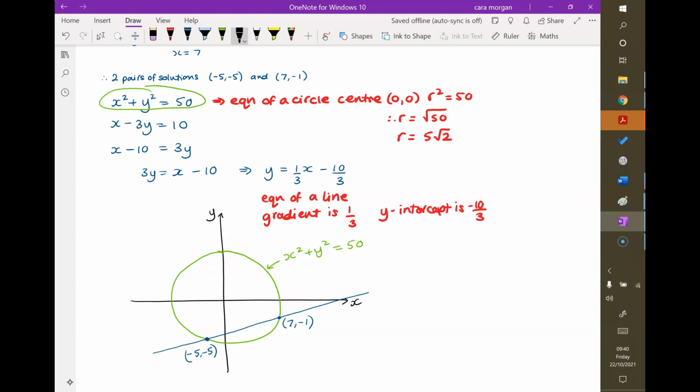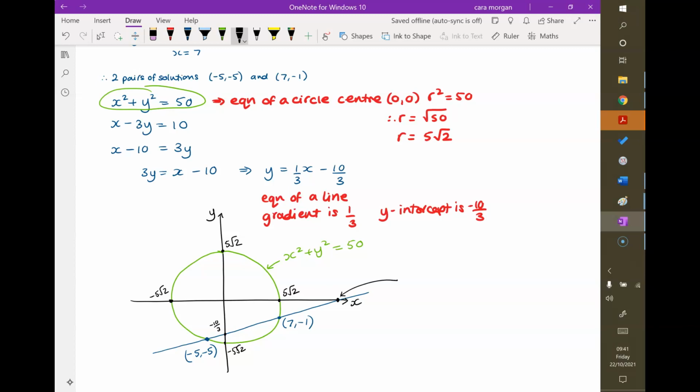Maybe if you wanted to be extremely rigorous, you could label the points of intersection with the x-axis, which would be 5√2 and -5√2. And you could also label -10/3, where that line cuts through the y-axis. And if you really wanted to, you could find that point of intersection there.